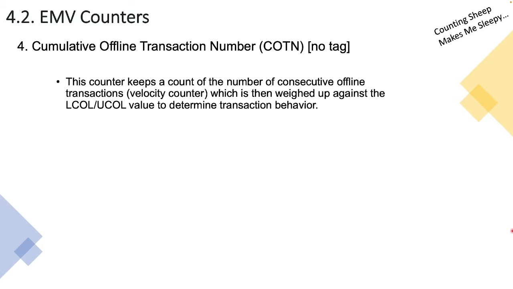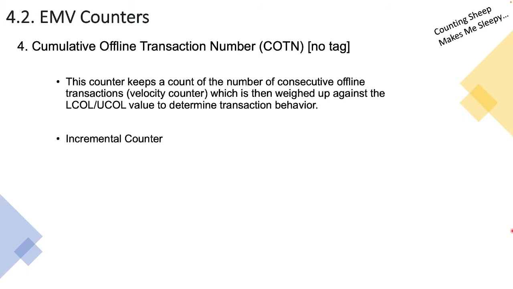So this is a velocity counter. COTA is a cumulative transaction amount where we are adding the transaction amounts together. This one is the velocity counter where we're counting the number of transactions. This particular counter will be weighed up against the LCOL and UCOL limits to determine transactional behavior. Don't worry about those limits; we will discuss them in a later section.